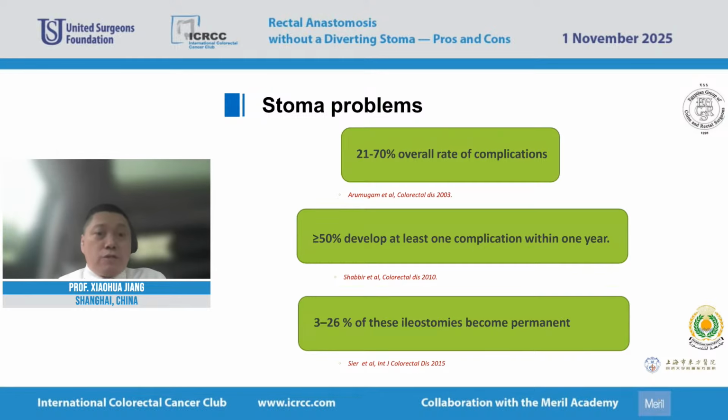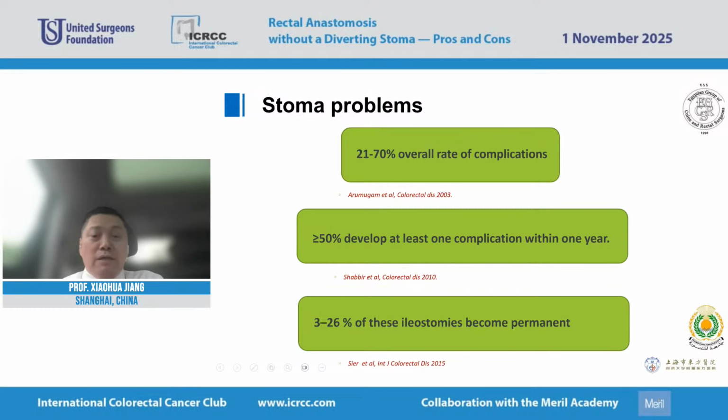There is an overall rate of complications of around 70%, and more than 50% develop at least one complication within 1 year for the stoma, and around 3 to 26% of these ileostomies become permanent.